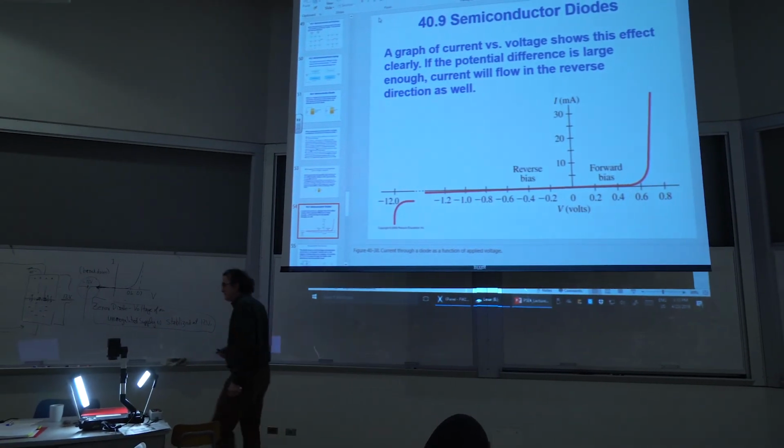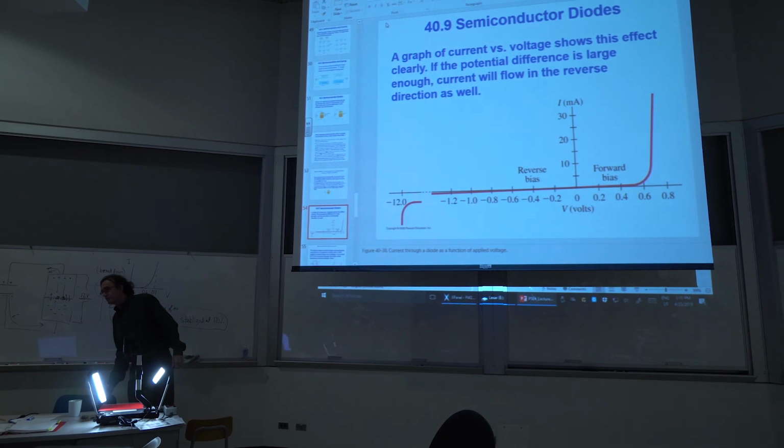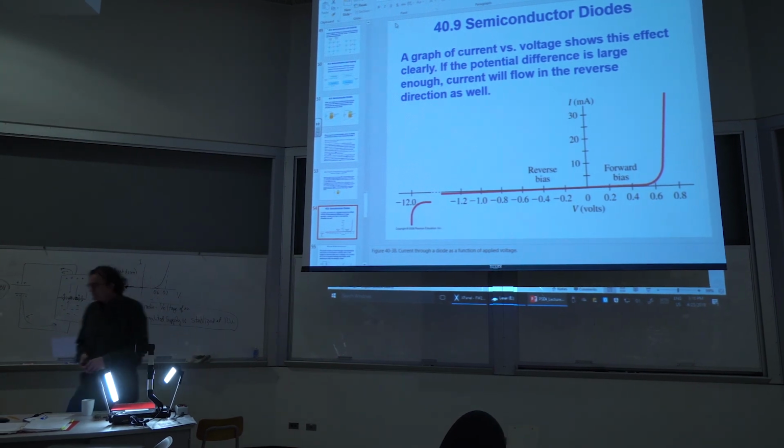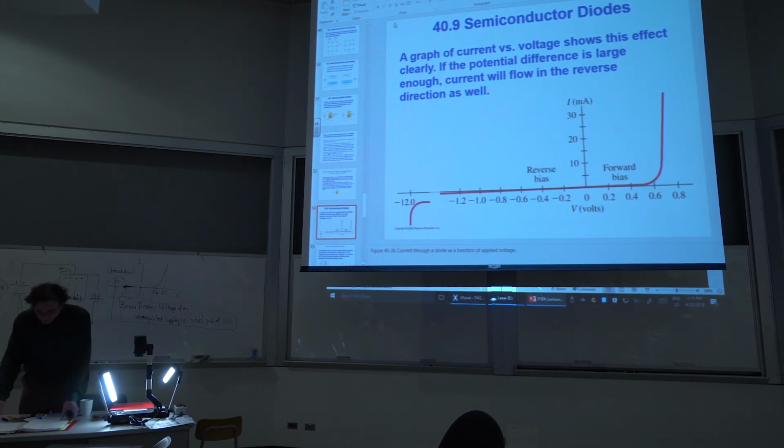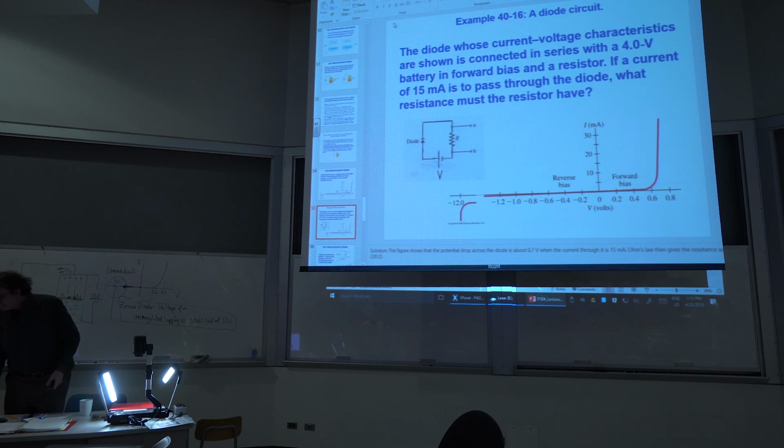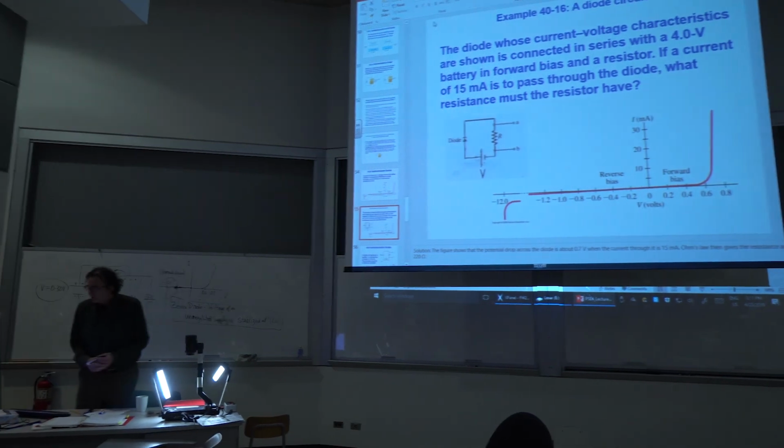So this is called the IV curve, the voltage versus current that is observed for this type of material, a semiconductor. So we can work an example of this. The example that is in your book, we work it out here, is the following.